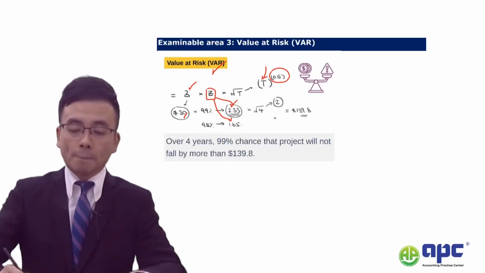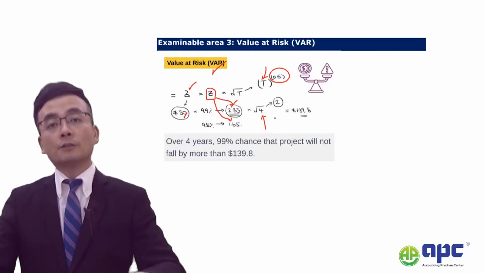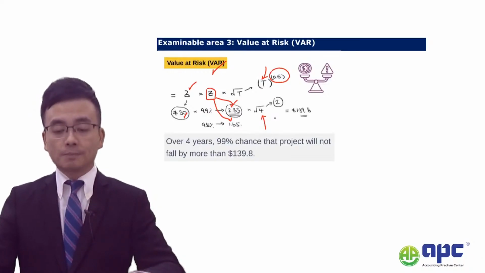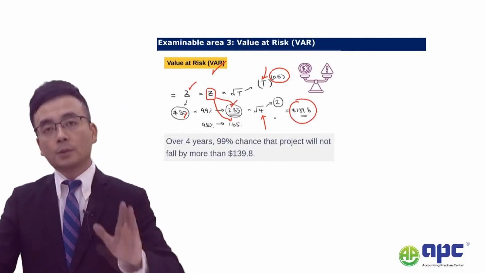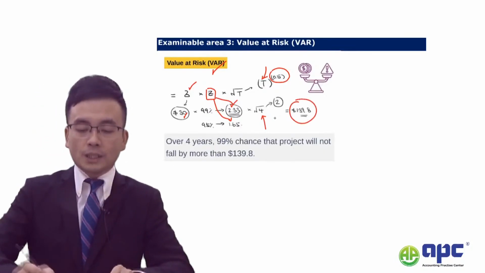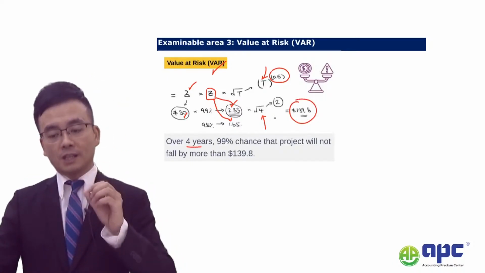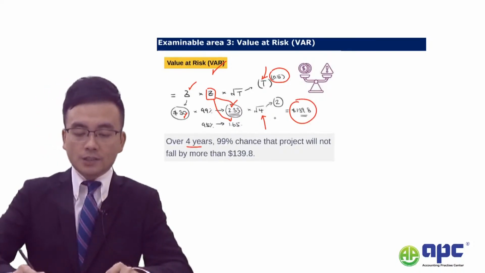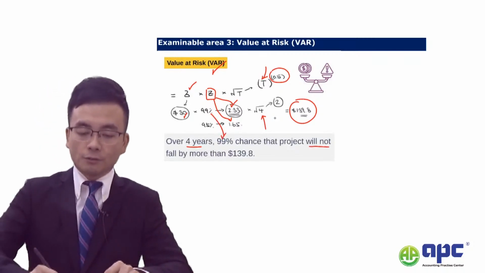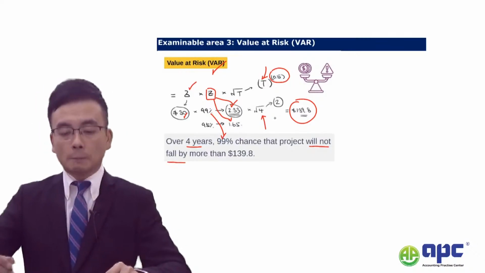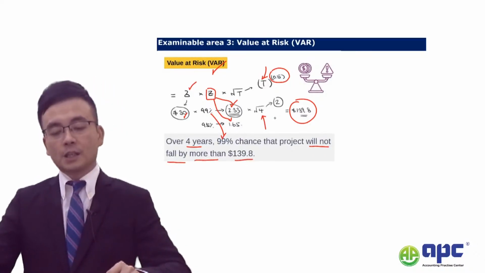So for example here, it is over 4 years, what will be the value at risk? We just calculate it to be 139.8. What that means is, over 4 years, starting with the t value, there is a 99% chance the project would not fall by more than 139.8. Would not fall, which means at risk.